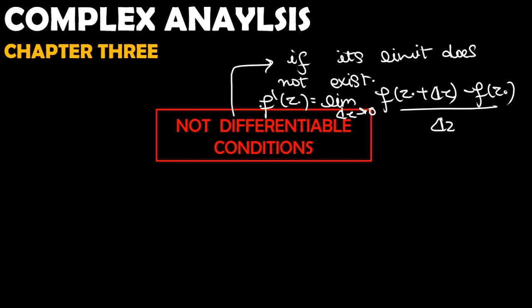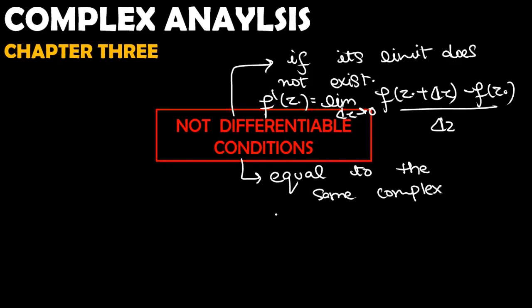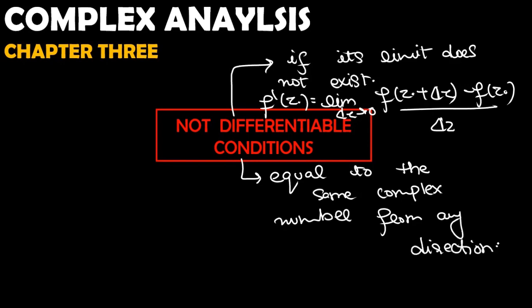Okay, so the second condition is that the derivative of a function must equal the same complex number from any direction. If we take the derivative of a function, then it will approach the same complex number from any direction. For example, just look at it graphically.